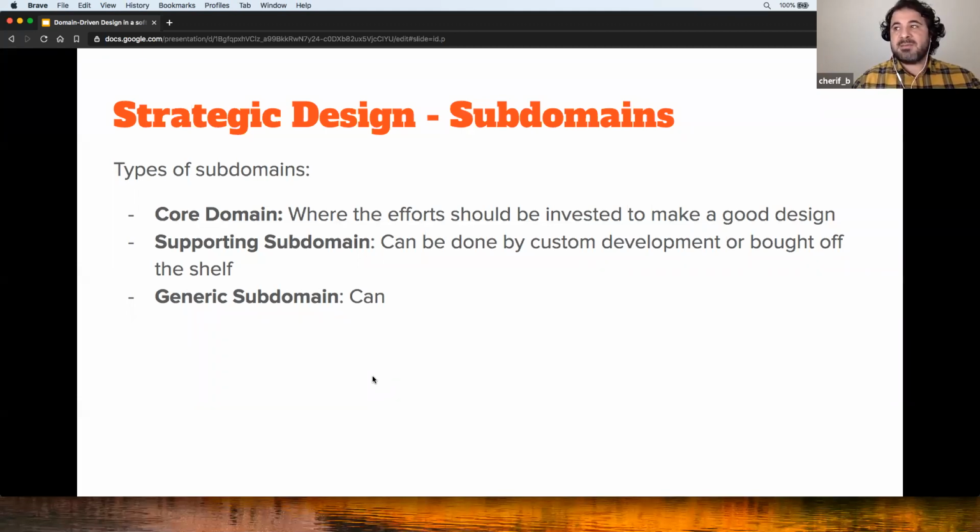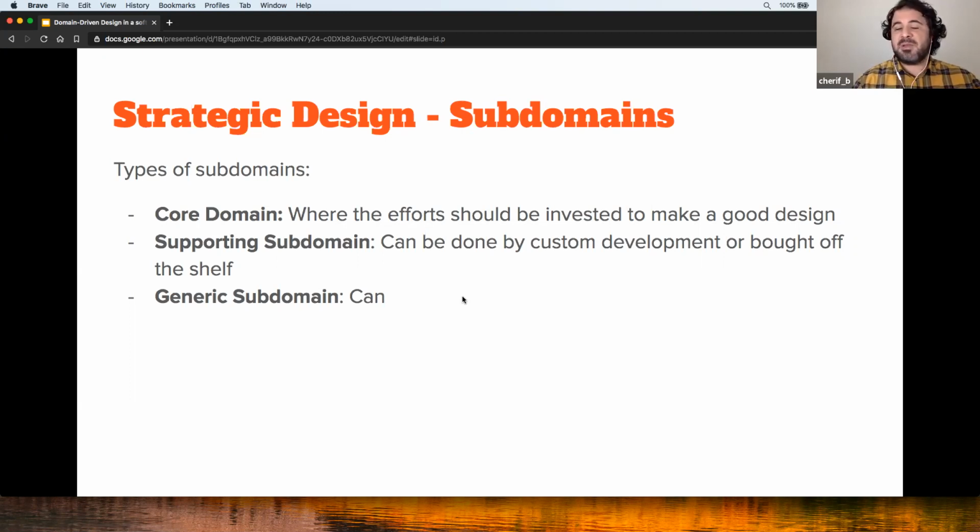A supporting domain is a part that we can buy off the shelf or put, for example, less experienced developers on. And the generic domain, I don't know why it's erased here, maybe it's an error.